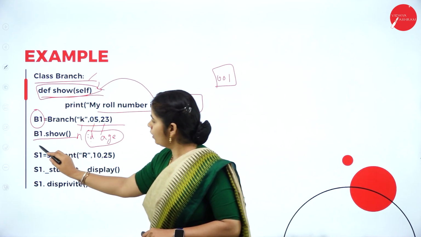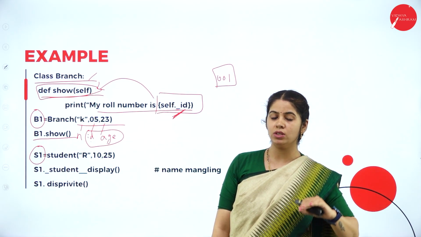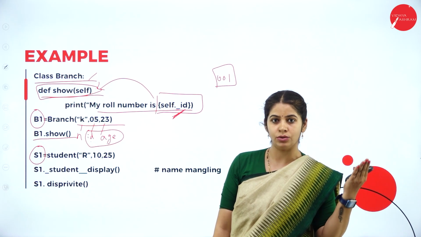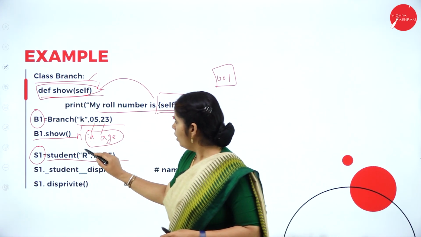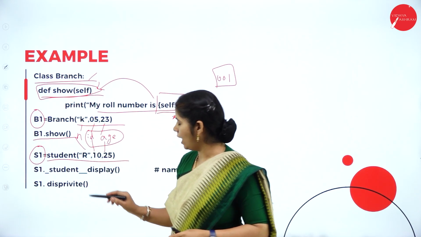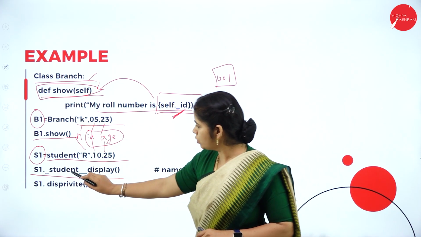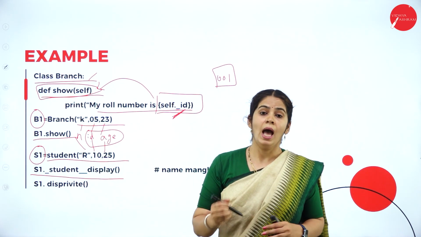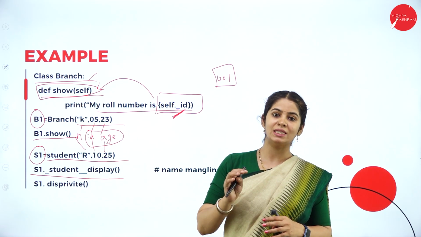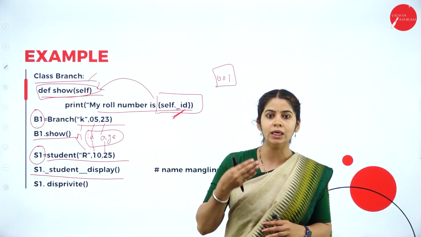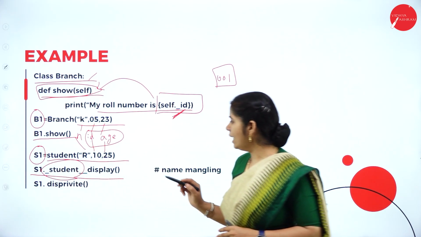Then we are creating one object of the student class, which is my base class, right? In that, I am giving the values name, ID and age. In that, I am trying to access s1 dot underscore Student double underscore display. I want to display the content of the display method, I want to execute the method display. In that case, we can use name mangling.